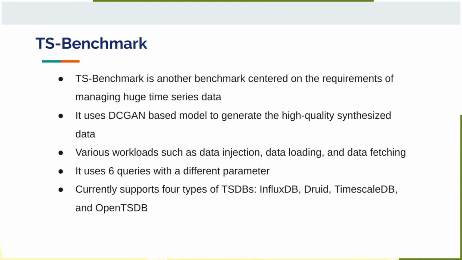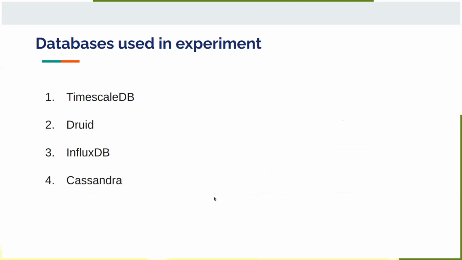They have used some wind farm data to generate synthetic data using a DC GAN based model. They have considered different workloads like data ingestion, data loading, and data fetching. They have used six different kinds of queries to compare all the databases, and they currently support four types of time series database: InfluxDB, Druid, TimescaleDB, and OpenTSDB.